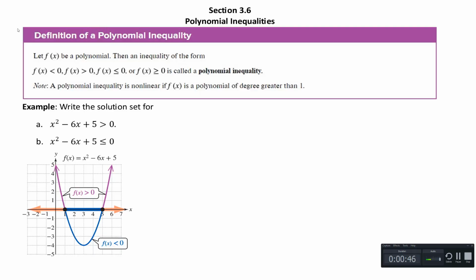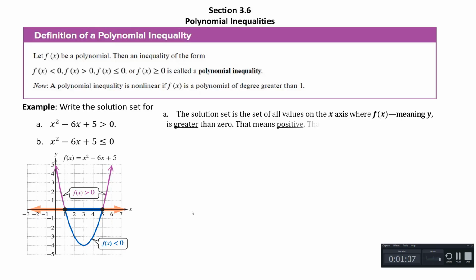All right, so if we want to write the solution set for a polynomial inequality, for part A, we have x squared minus 6x plus 5 is greater than 0. What we mean by find the solution set is we're looking for all values on the x-axis where f of x, meaning y, is greater than 0. That means positive.